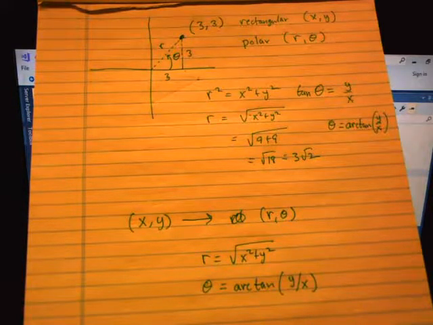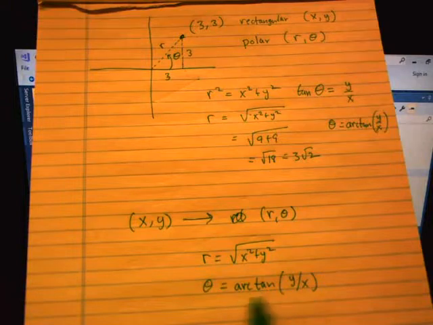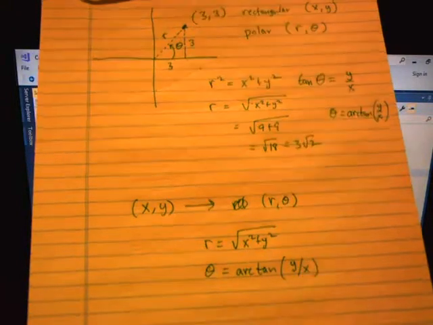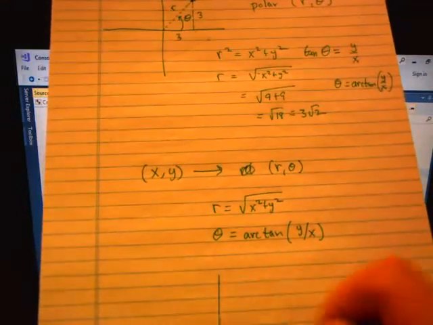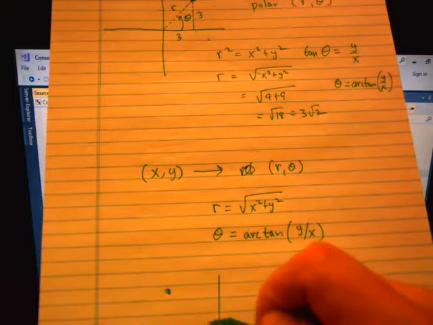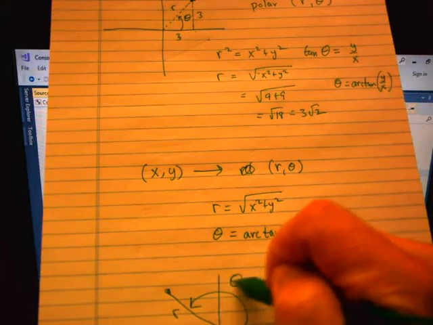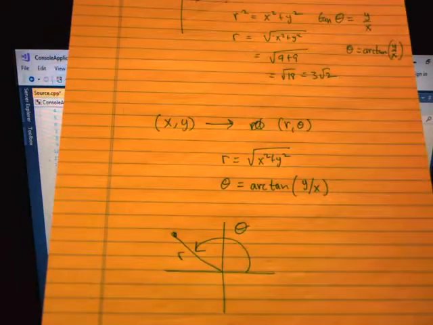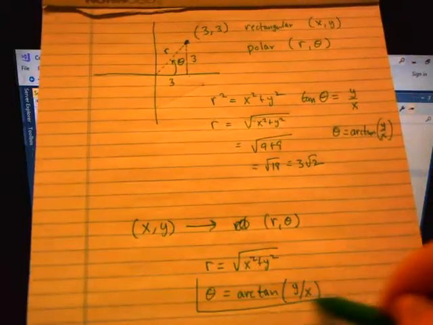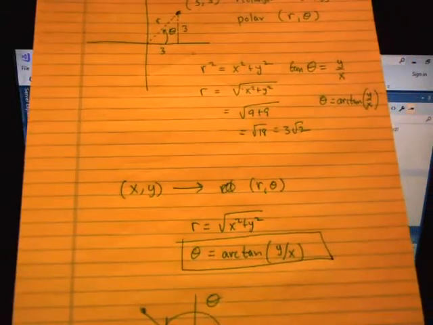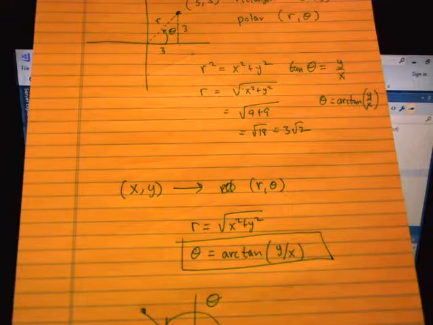Questions on that? How come this only works if you're dealing in quadrant 1 or quadrant 4? I mean, I can draw a point in quadrant 2, right? Here it is. And then I can talk about the r and I can talk about the theta. I mean, we can have points in quadrant 2 and quadrant 3. But if I use that as my code, it's only ever going to give me an answer in quadrant 1 or 4.